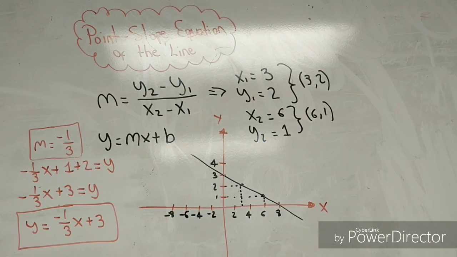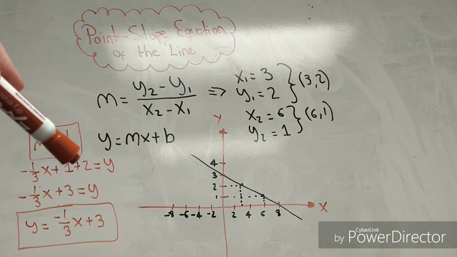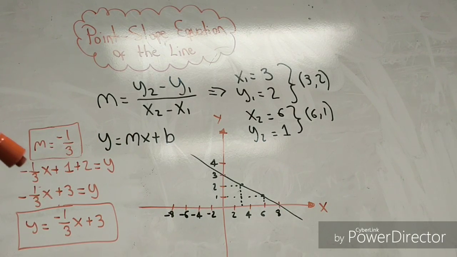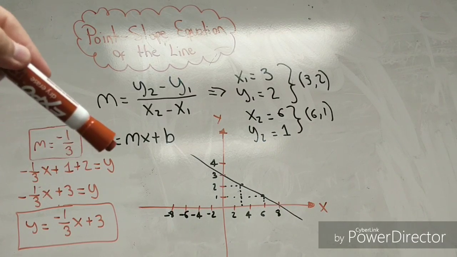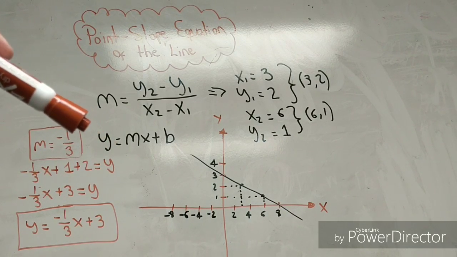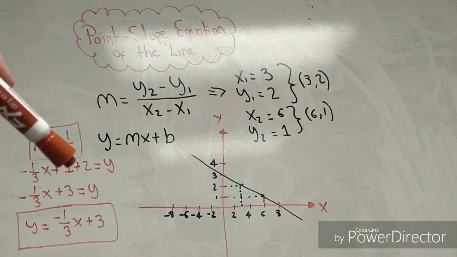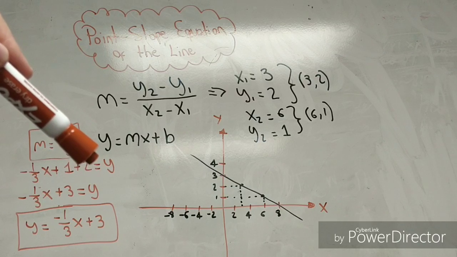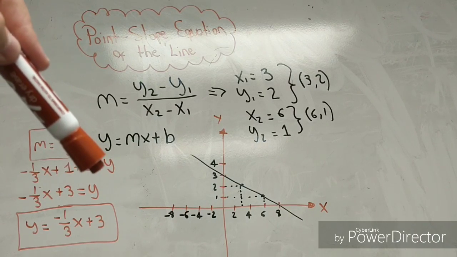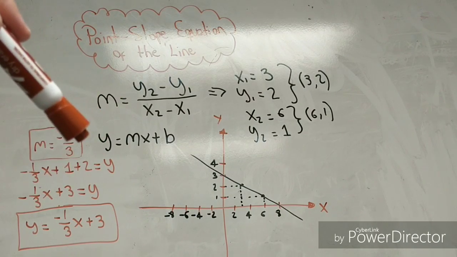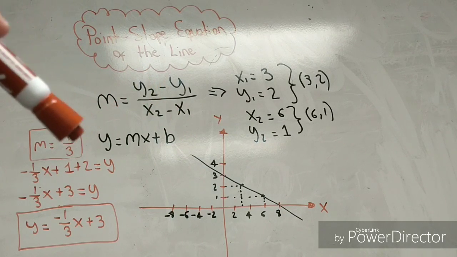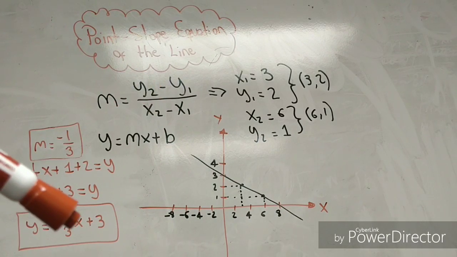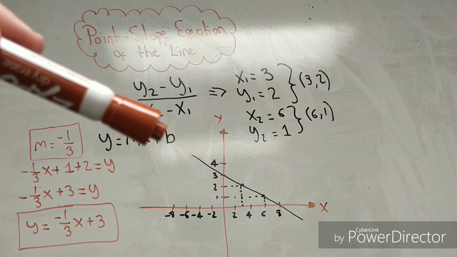The next step would be writing in another way what we did before: minus 1/3 times x plus 1 plus 2 equals y. We know that 1 plus 2 would be 3, so minus 1/3 x plus 3 equals y. And then we put this equation into this form: y equals minus 1/3 x plus 3.